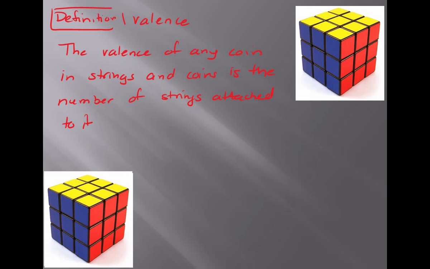Ready for valence? I don't know how much I'm going to use this, but I wanted to give you the definition. Valence is actually what we call the degree of a vertex. I think probably what I'm going to do next week is give you the rudiments of graph theory, where we talk about vertices and edges.